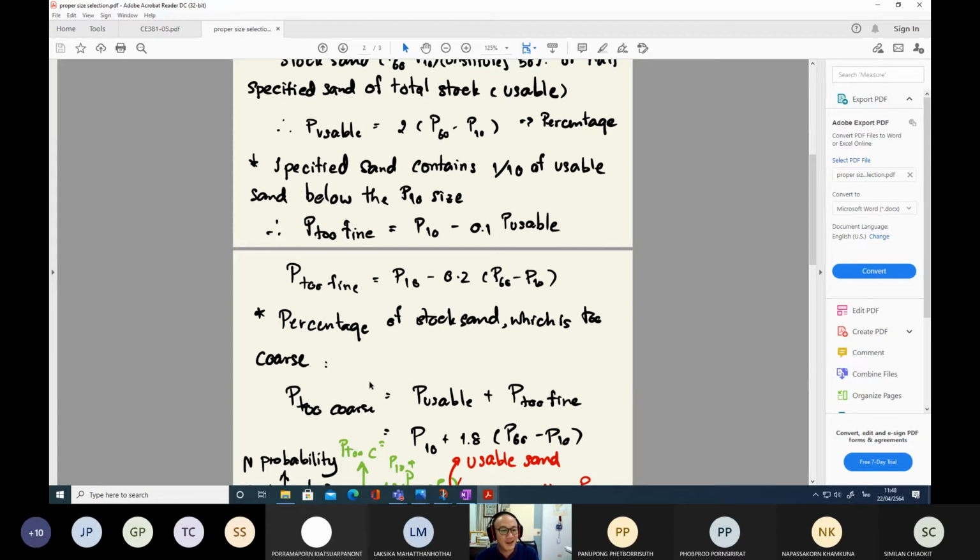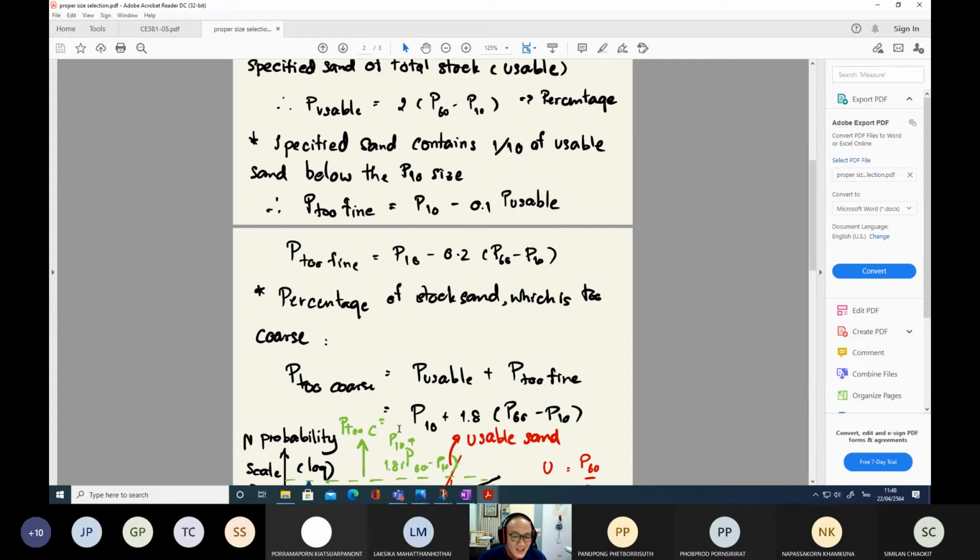So this becomes the P2 cost, which is equal to P10 plus 1.8 times P60 minus P10. You take this one plus this one. This is equation 1, and this is equation 2. A combination of these two equations, then we get this one. Remember that when I'm talking about P, in this case, it refers to the percentage.